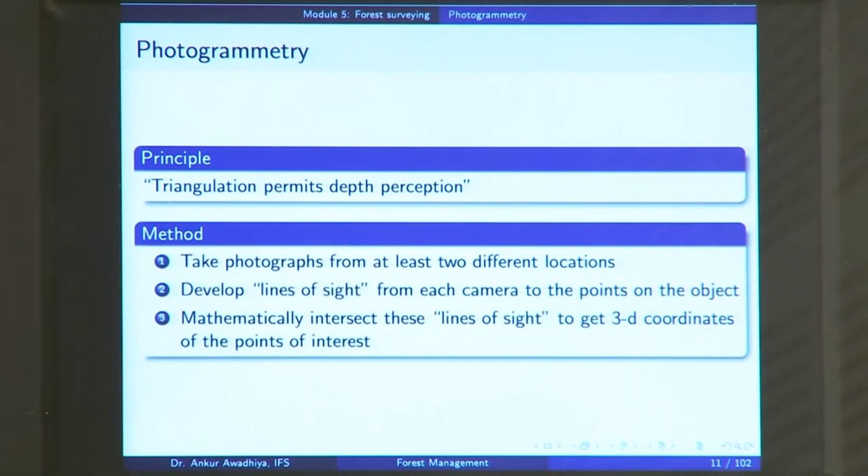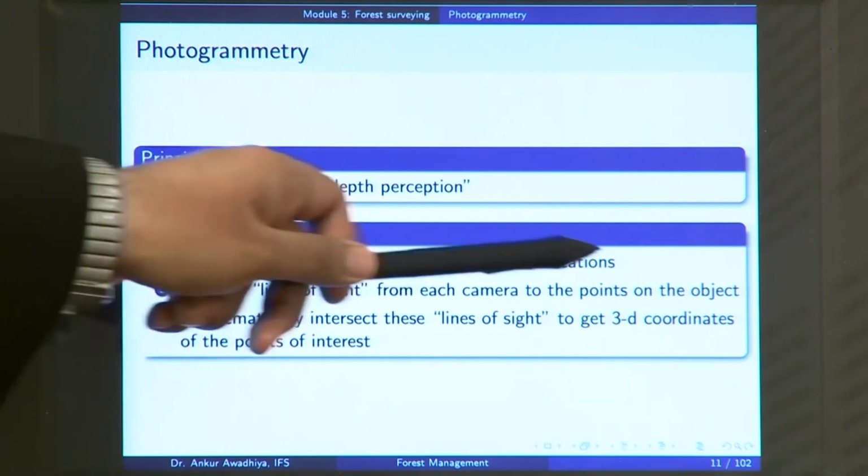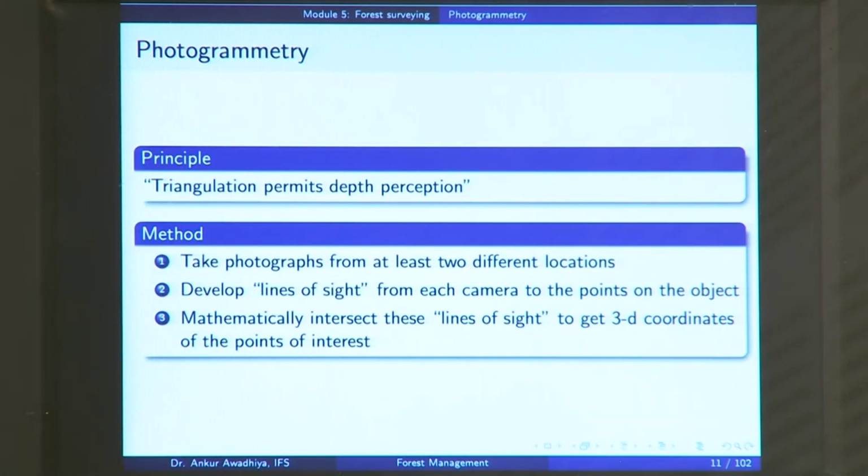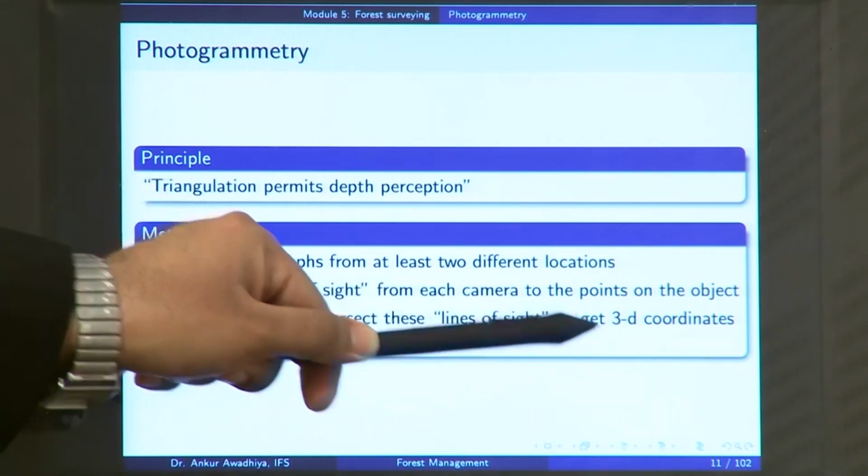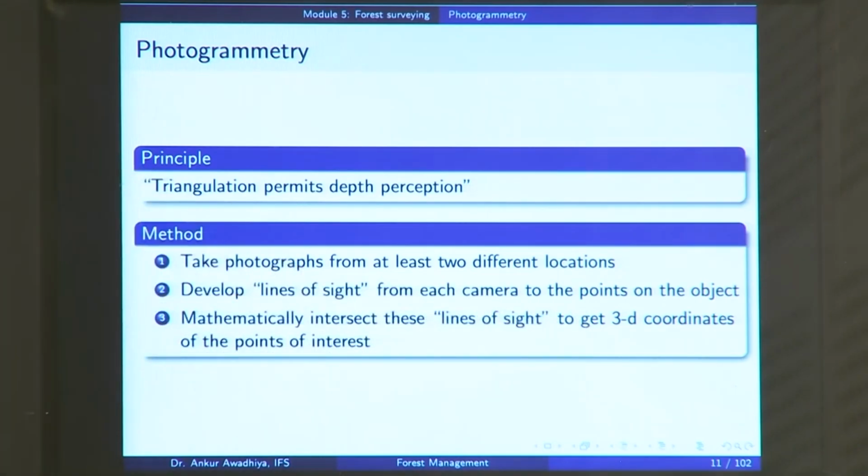You are using different photographs, and these photographs need to be taken from at least 2 different locations, and once you have those, you develop lines of sight from each camera to the points on the object, and you figure out what is the distance of those points from the camera by mathematically intersecting the lines of sight to get 3D coordinates of the point of interest.